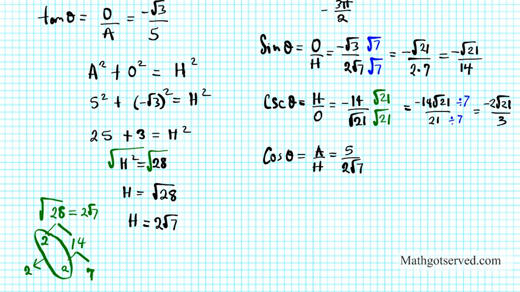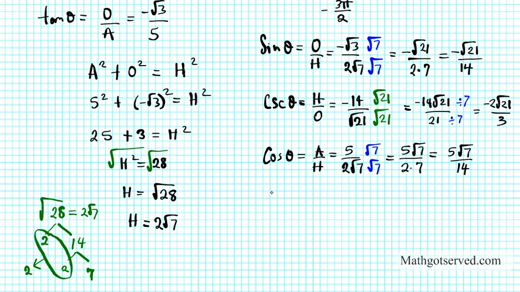Okay? So we can't have a square root in the denominator, as we determined in the sine component. So we're going to rationalize the denominator, multiply by root 7 over root 7. And then our answer is going to be 5 root 7 over 2 times 7, since root 7 times root 7 is just 7. So now we have 5 root 7 over 14.